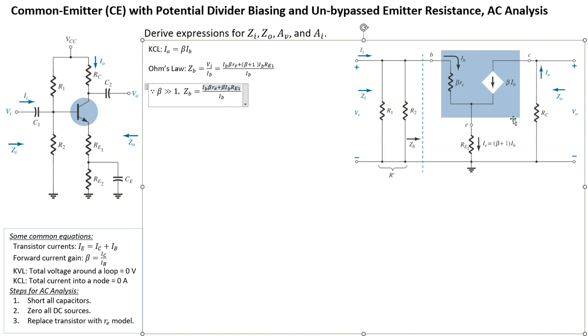Therefore you can combine them. What you're left with is beta IB times RE plus RE1, all divided by IB.